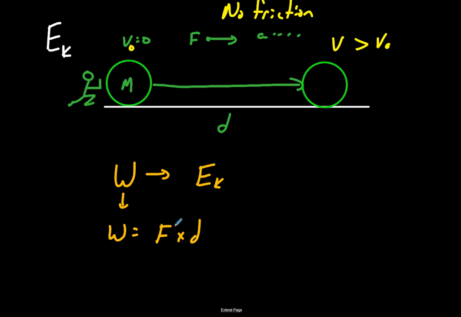Now, let's think about this. Another way to talk about force is in terms of Newton's second law, which is just ma. So work equals m a d. The amount of work I did is force times distance, or mass times acceleration times the distance we moved over. Do you agree with that? Okay, perfect.